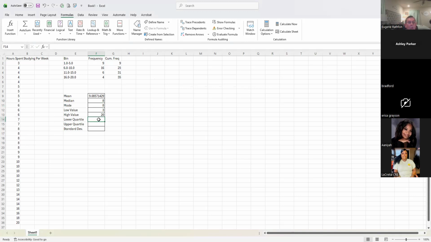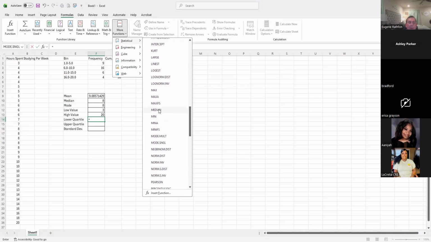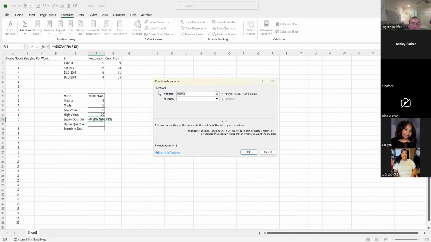All right, so the lower quartile, that's going to equal the median. So more functions, statistical, median. Now, y'all, I got 35 values, so I'm looking for the lower 17.